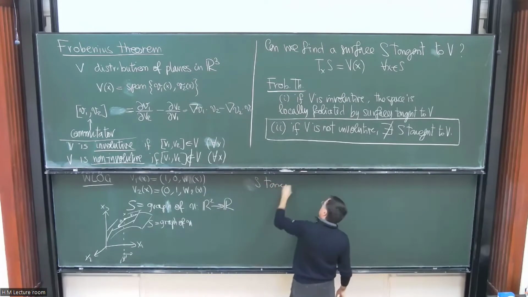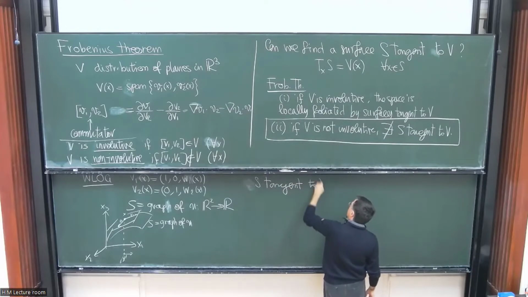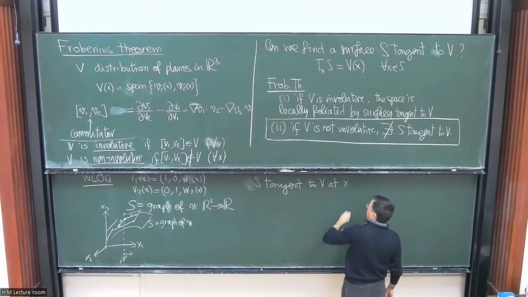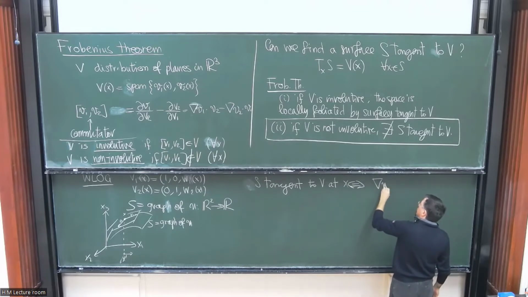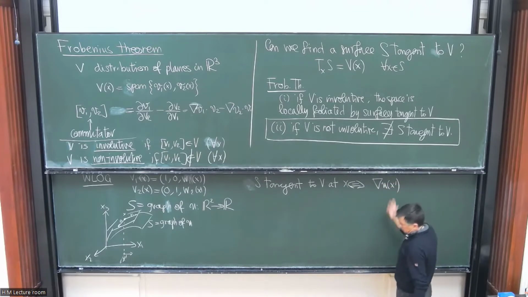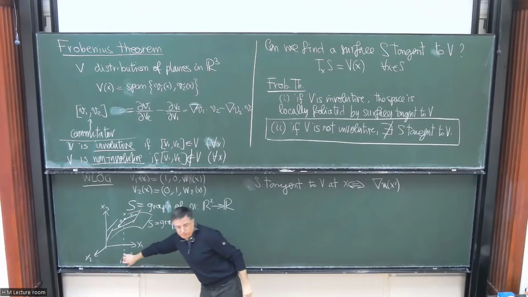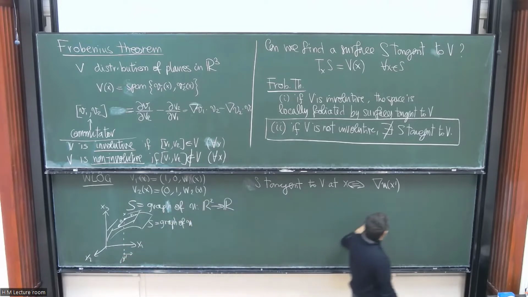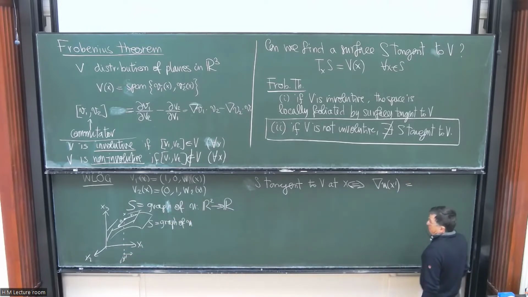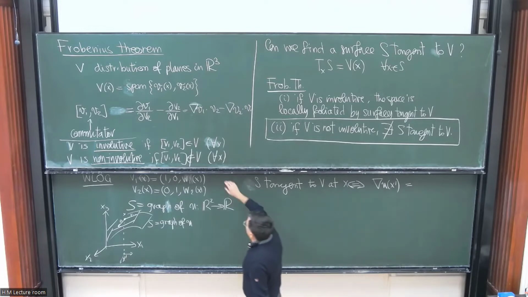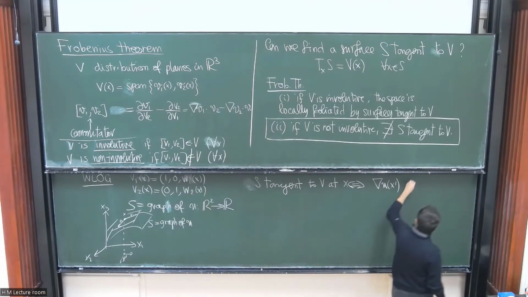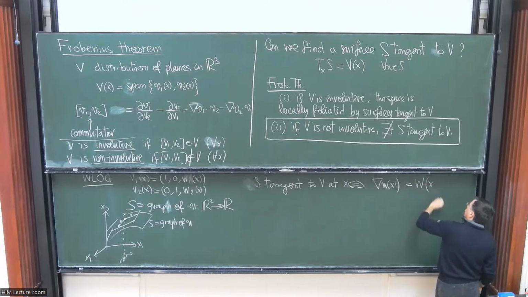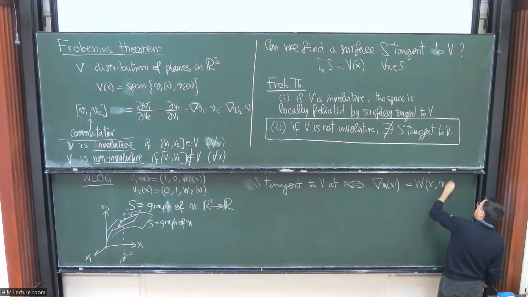So S tangent to V at X is the same as saying that the gradient of U at the point X prime, in the projection, is equal to the vector field W, whose components are these two, computed at X, which means at X prime, U of X prime.